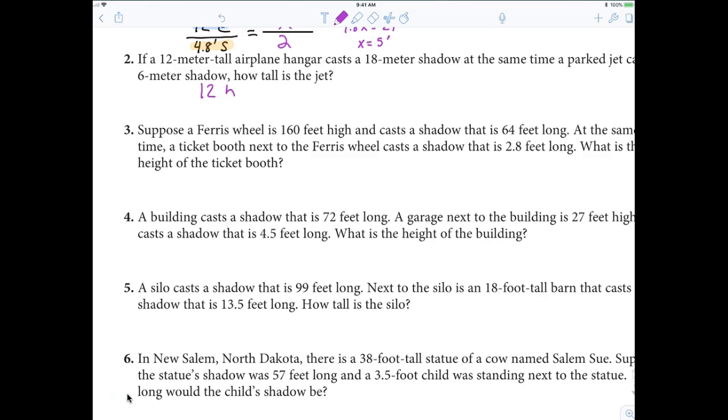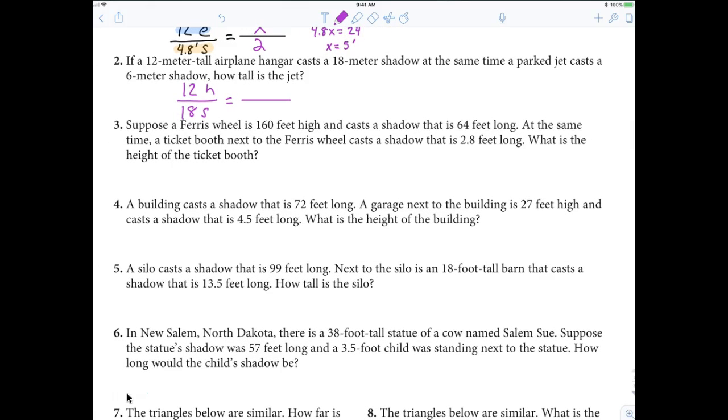And then on the bottom, you said it was an 18-meter shadow. Notice I'm putting the letters so I know what goes in the next fraction. Now I have equals. Now continue. That would be x over 6, because 6 meters represents the shadow. So I'm going to put 6 down here and x here.